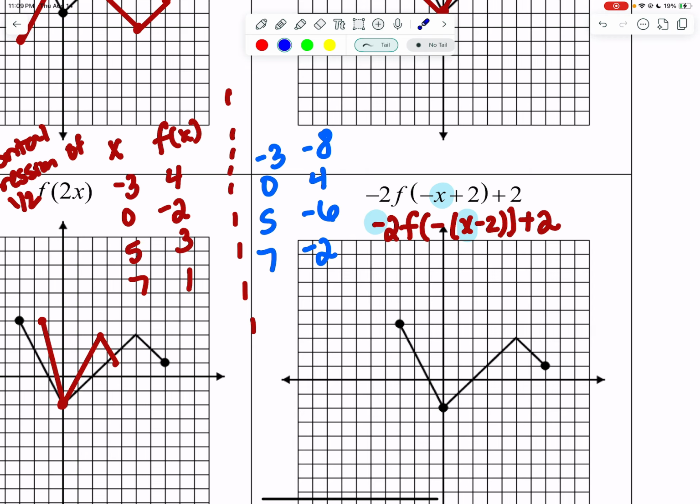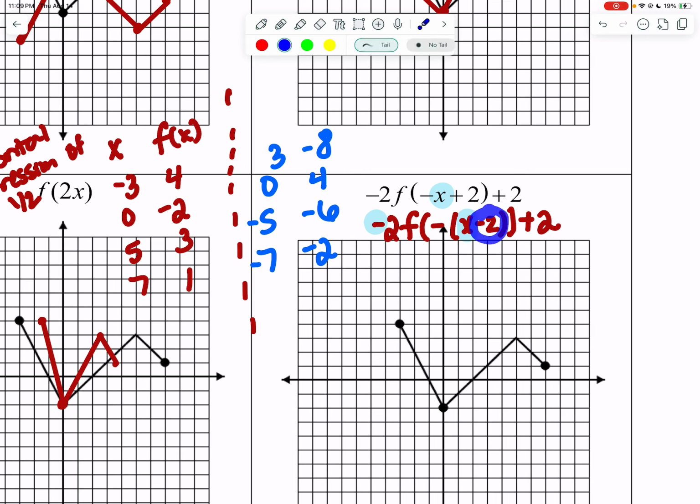So that helps us with my output value. The next thing that we're going to do is this negative right here. Remember that this is a reflection across the y-axis. So this means that your x values are going to be negative. So we're going to negate all of the x values here. So that means that this becomes negative, this becomes 0, this becomes negative, and this becomes negative. We just negated all of the x values.